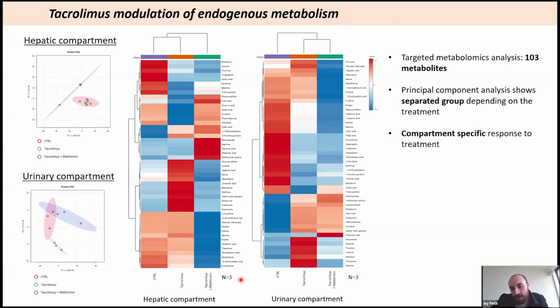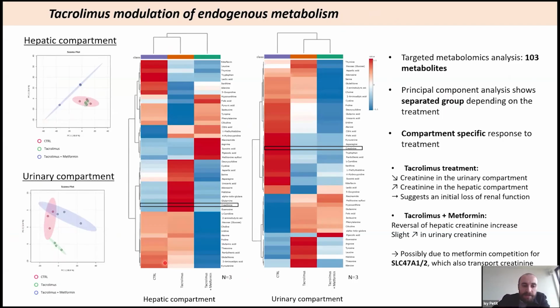If I take the example of creatinine, we saw that at the hepatic compartment under tacrolimus treatment, we have an accumulation of creatinine in our blood hepatic compartment. And at the urinary compartment, it's the inverse. So in the control, we have a higher dose of creatinine and lower under tacrolimus treatment. And creatinine in the blood compartment suggests an initial loss of the renal function.